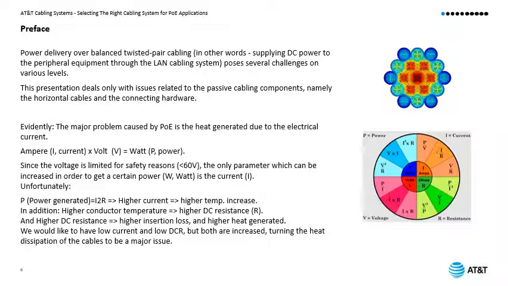As you know from Ohm's law, the watt or the power, it is the multiplication of ampere multiplied by volt. Since the voltage is limited for safety reason, most of the time it is below 60 volt, the only parameter which can be increased in order to increase the power is the current.